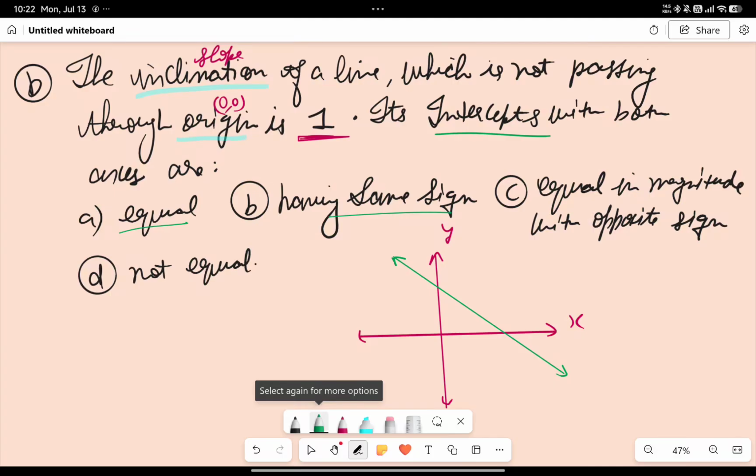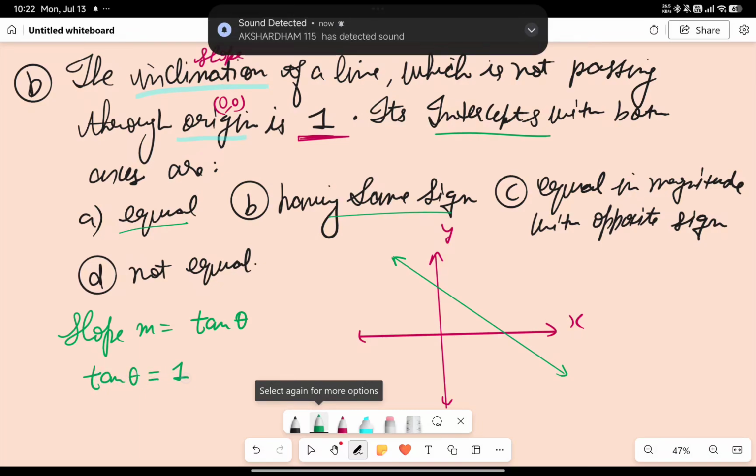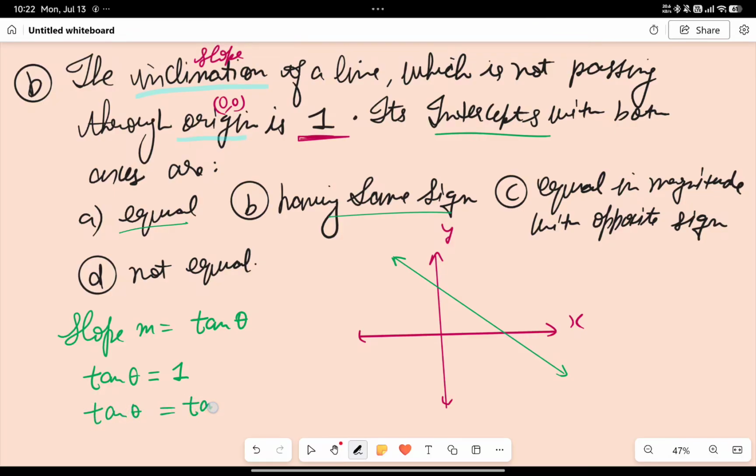Well, everybody knows that the slope m is nothing but tan theta. Now if tan theta is 1, using trigonometry I can say that tan theta is equal to tan 45, which implies that theta is 45.